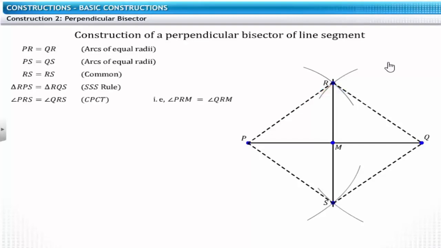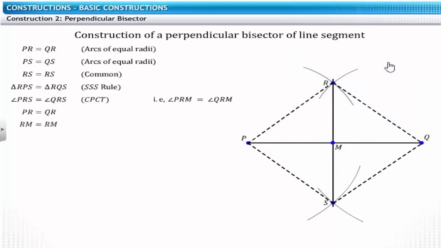Now, let's consider the other pair of triangles. Triangle RMP and triangle RMQ. Here, side PR is equal to side QR, as these are the radii of the same arc. RM is the common side.